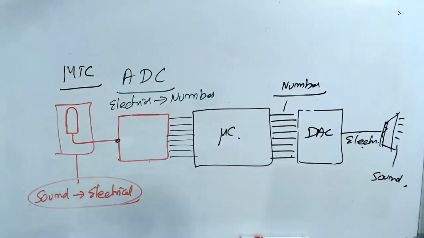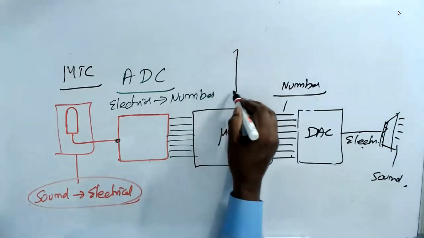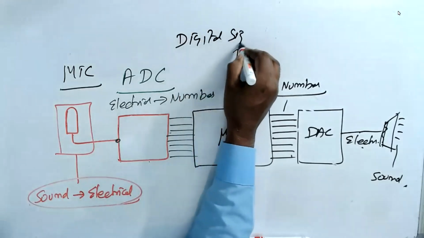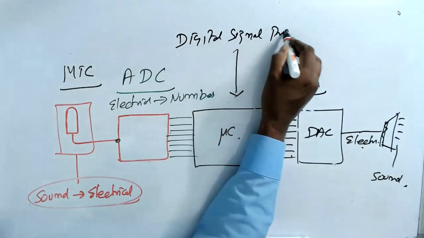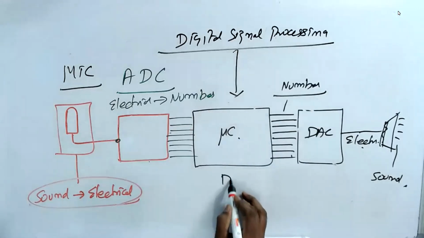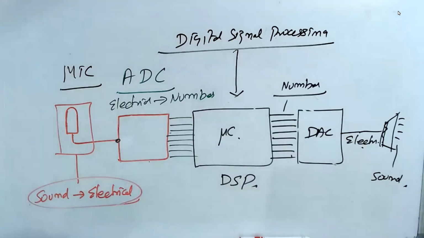What you are doing here is called digital signal processing, or the famous DSP. That's why today, on your phone, everywhere, you have heard of echo cancelling and all.